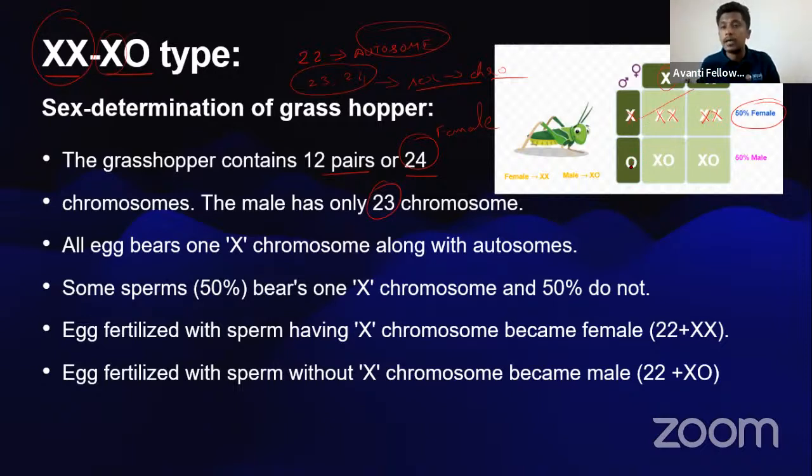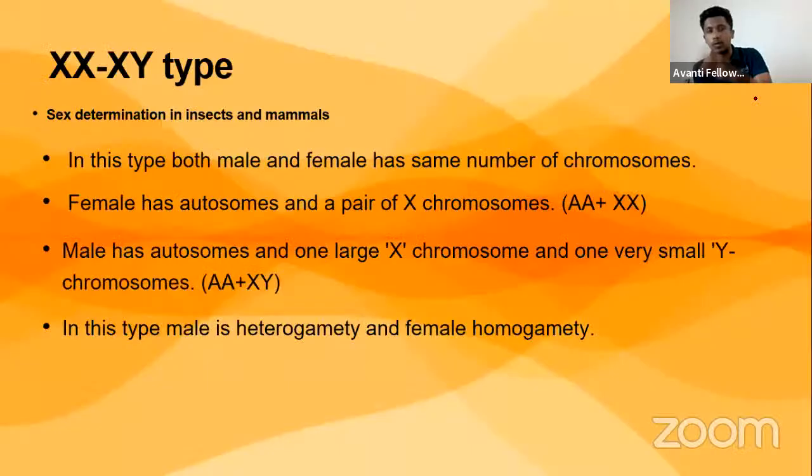You have to remember that it does not have one sex chromosome, that's all. So when it fuses with a female egg carrying the X body, that will give us XO, which is nothing but male. So remember, when it comes to XX and XO type of sex determination, the grasshopper is an example. Understood? Okay.